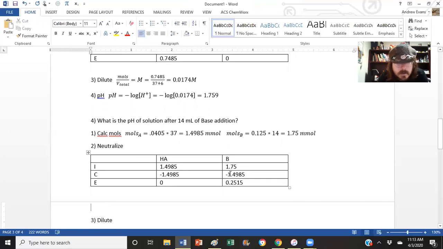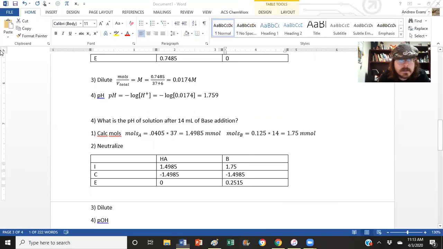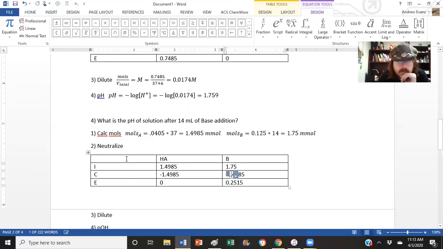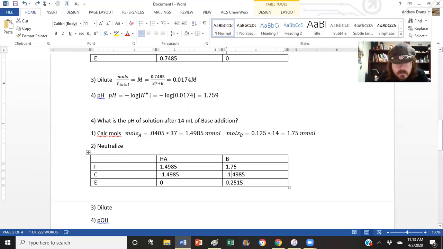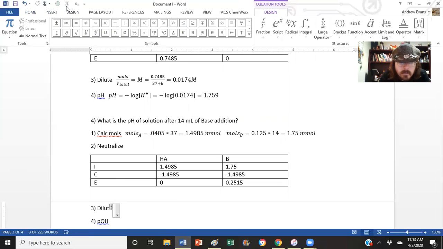Now we have to redilute. So still the same equation: moles divided by volume total equals molarity.